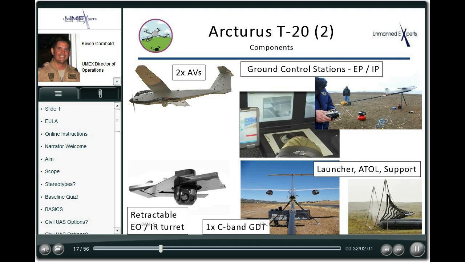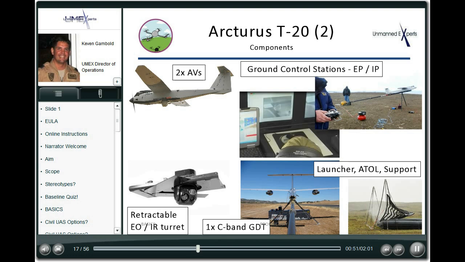But with 65 pounds of capability, you could have no end of options. And in fact, in the center lower photo, you can see a T-20 configured with 2 drop tanks or 2 drop payloads. And we'll come on to the other options in the payloads module later.